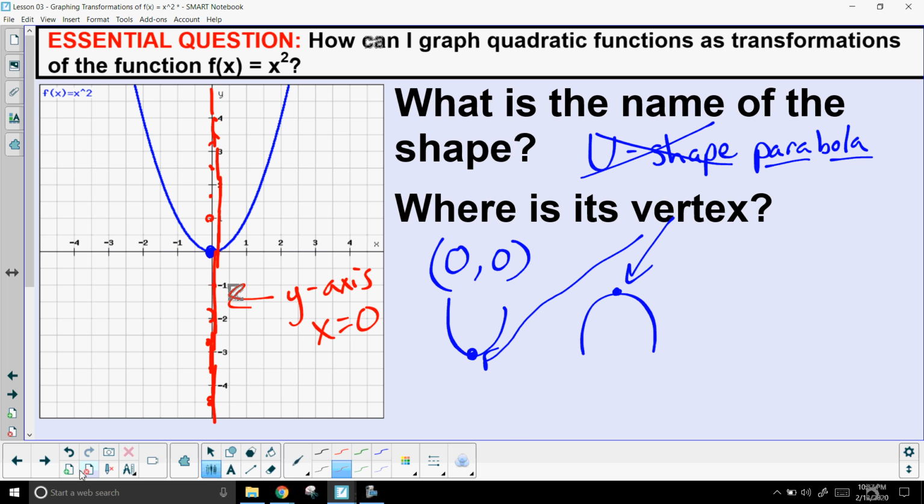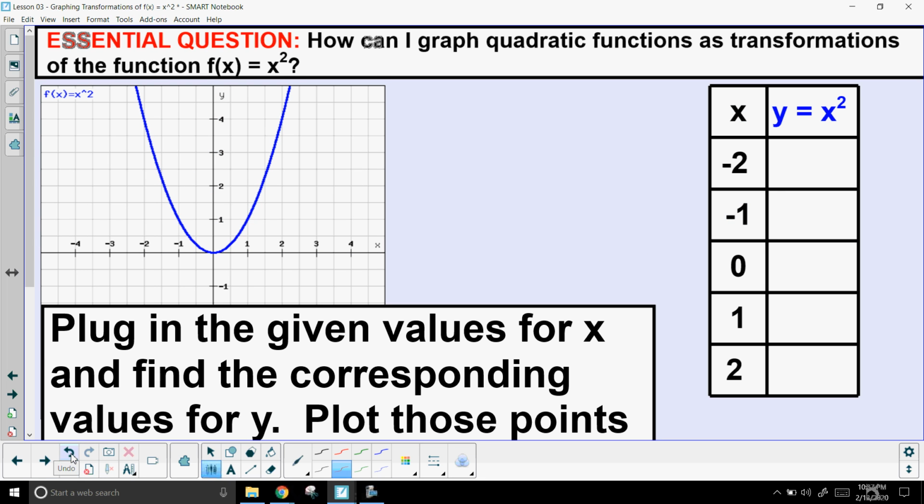Okay? So, you can ignore the box for now, but here's our parent function. To get it, we are simply going to plug in the negative 2 where the x is. Again, in class we discussed how this and this are two different things. Be very careful.